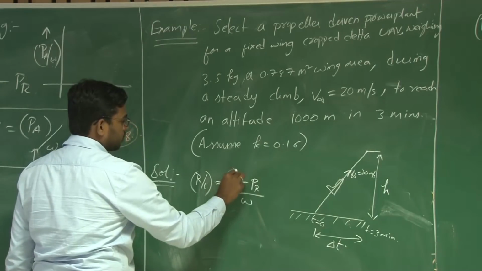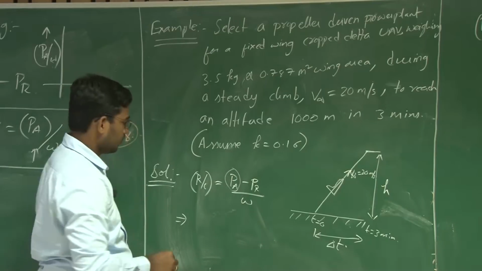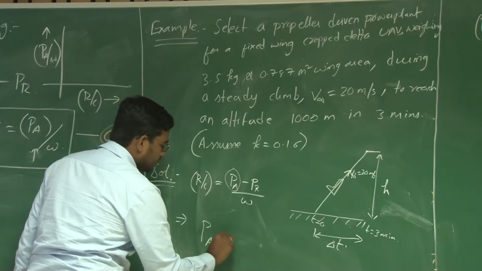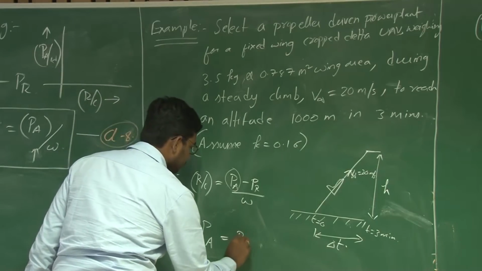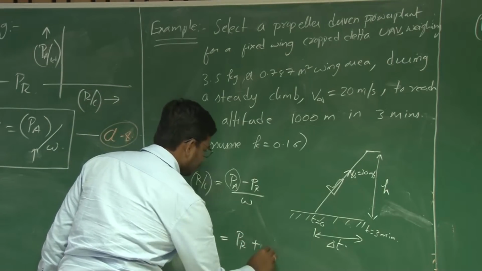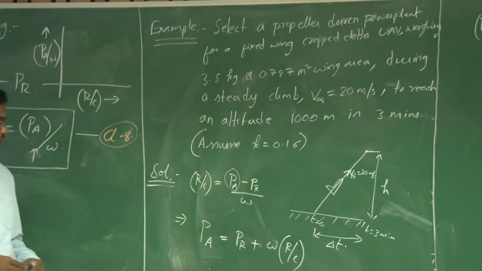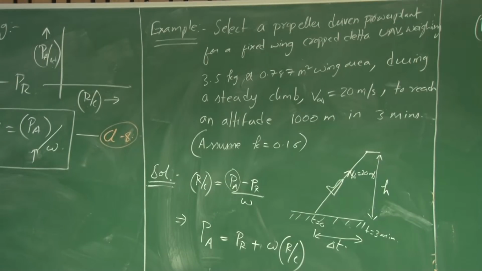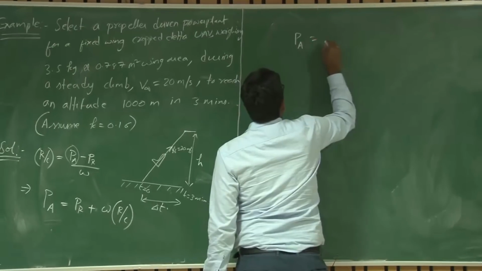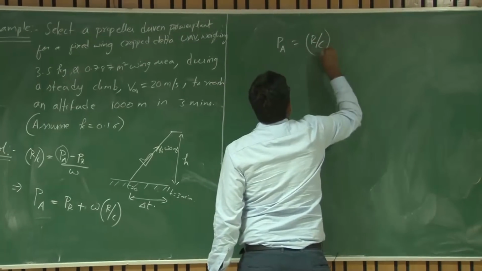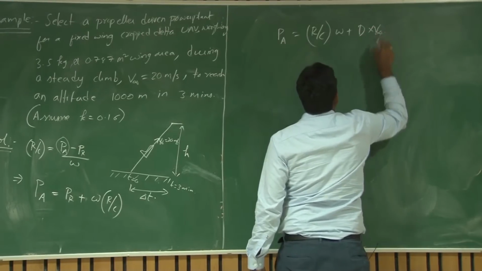So I need to know what should be the power available from the power plant to perform this particular task, so that I can select the corresponding power plant. So this power available is equal to rate of climb into W plus power required, which is drag into velocity, right?